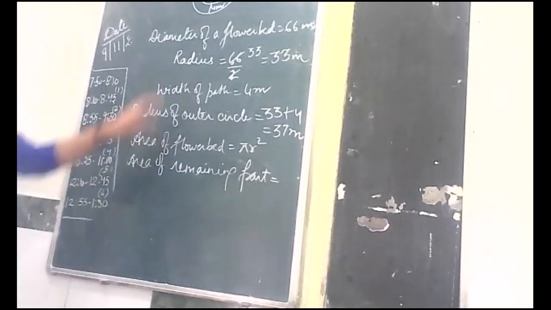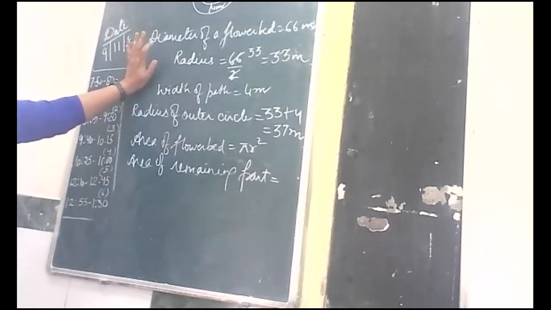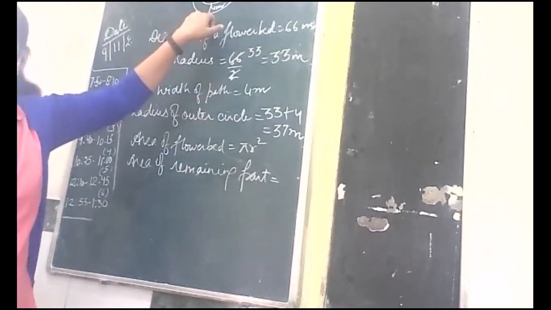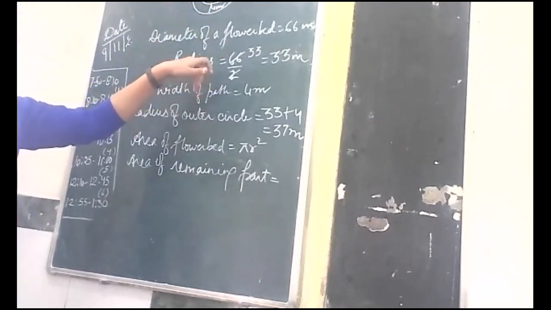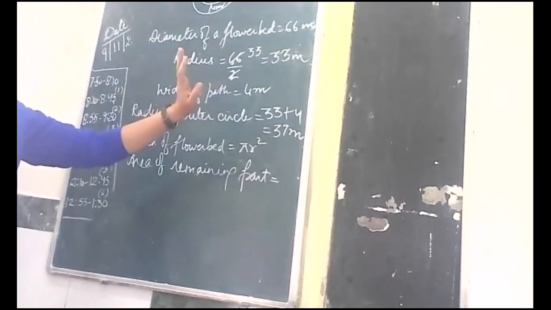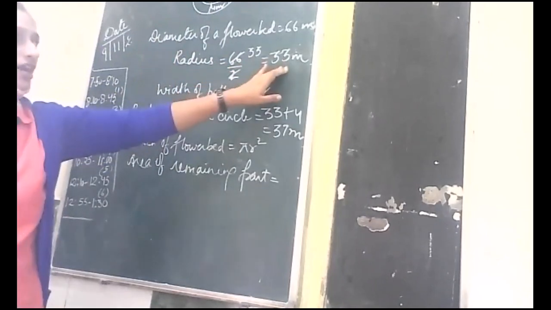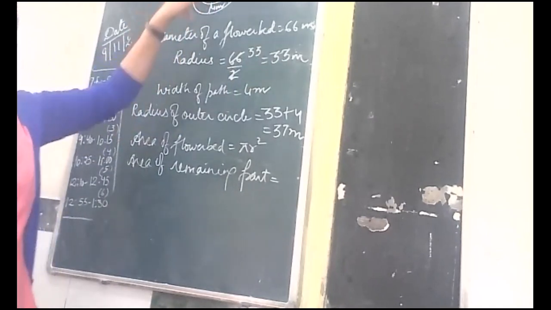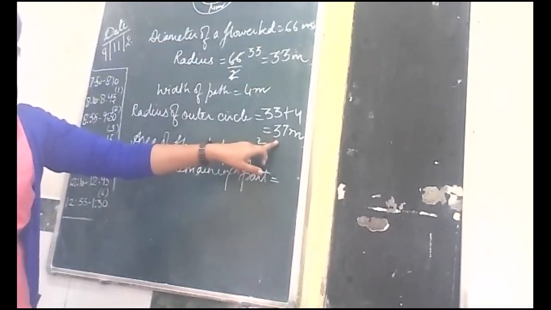See, the diameter of the flower bed is given as 66 meters and the width of the path is 4 meters. To take out the radius, we first divided by 2, and 33 meters is the radius. Now the outer circle is 33 plus 4, we have taken out 37 meters.